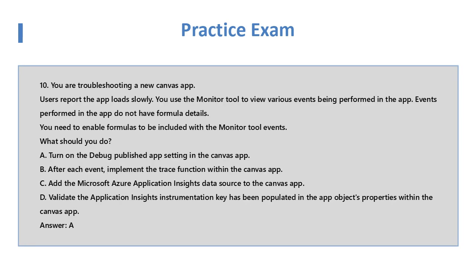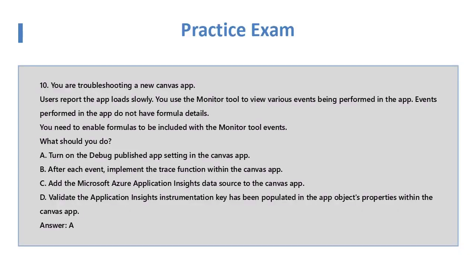10. You are troubleshooting a new Canvas app. Users report the app loads slowly. You use the Monitor tool to view various events being performed in the app. Events performed in the app do not have formula details. You need to enable formulas to be included with the Monitor tool events. What should you do? A. Turn on the Debug Published App setting in the Canvas app.